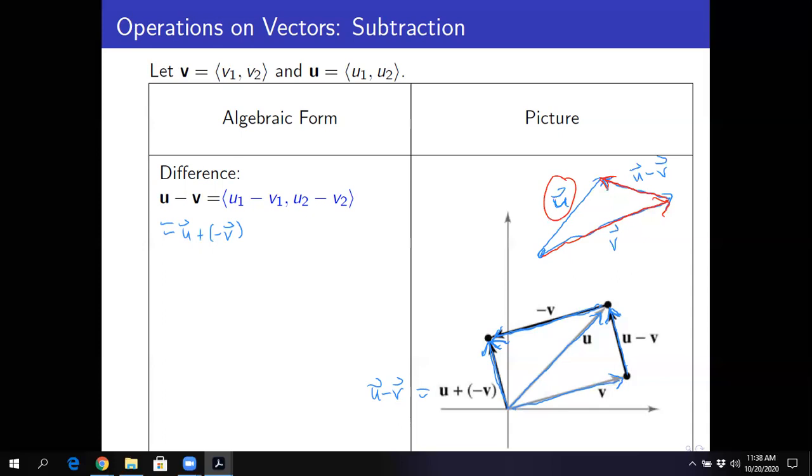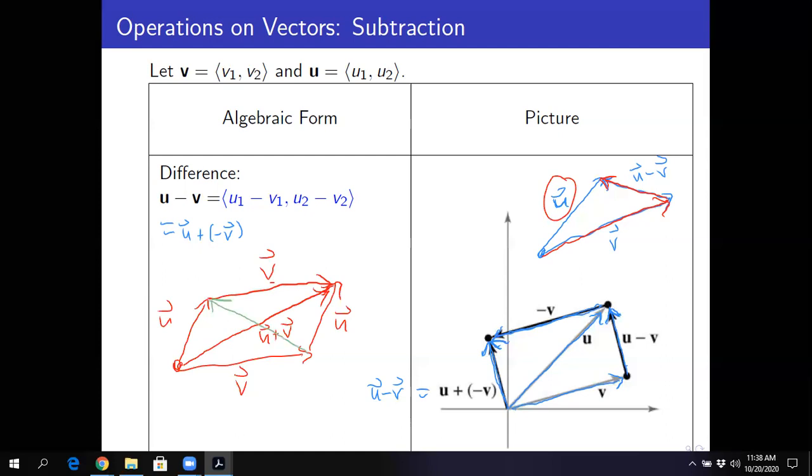Here's a picture that I often like to draw that is helpful. If this is u, and this is v, then of course, going along this diagonal, that's u plus v, is it not? And where is u minus v? Well, it's right here. So this guy is u minus v.